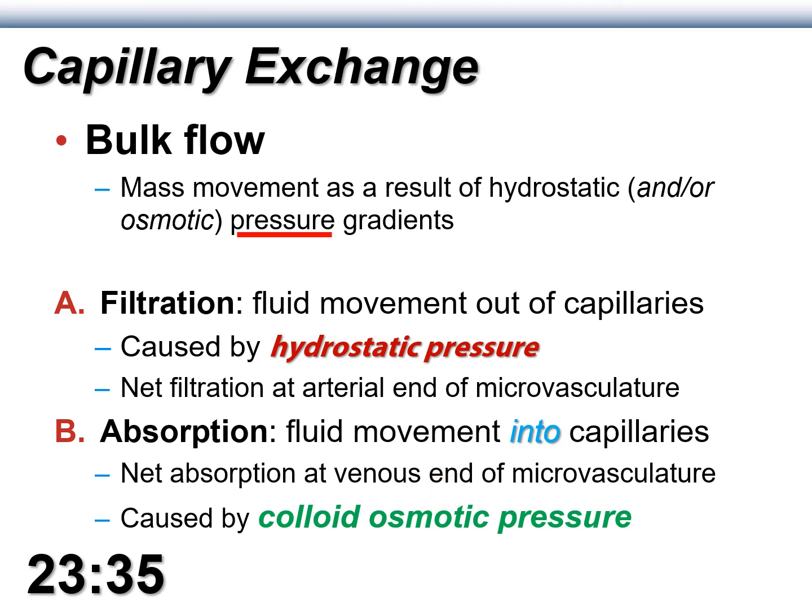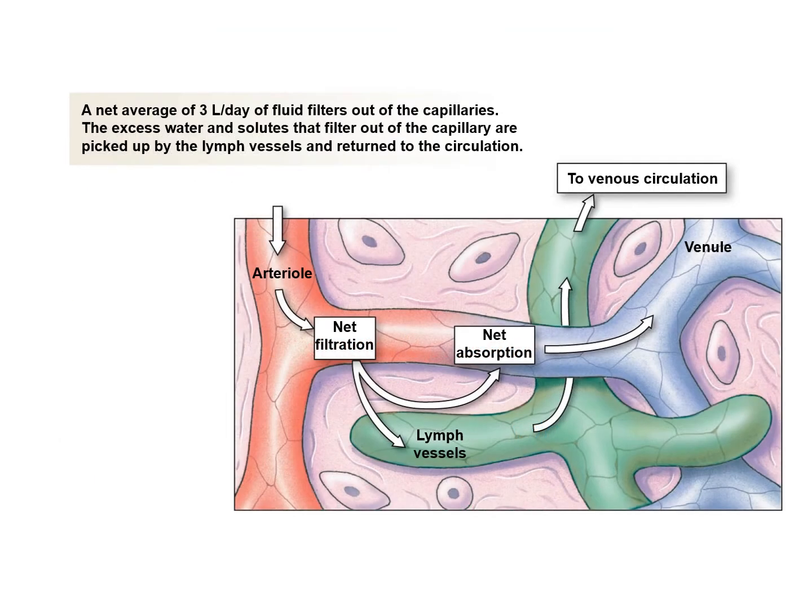So let's take a look at the picture, and this hopefully will begin to make sense. So here's our arteriole, metarteriole, precapillary sphincter, and so forth. Right here versus over on the right side of this picture, we have a higher pressure. We have to have a pressure gradient or the blood's not going to move through here. So there's more ambient hydrostatic pressure at this end of the microvascular circuit.